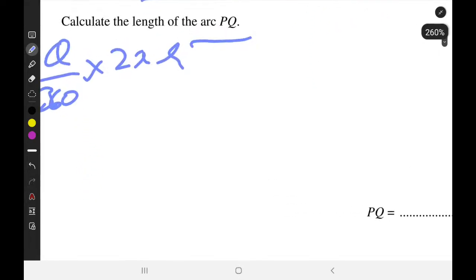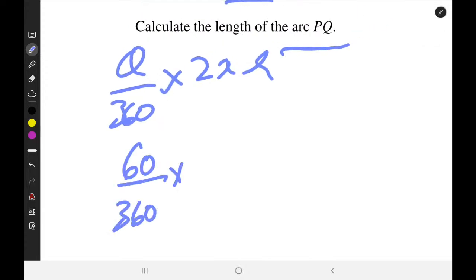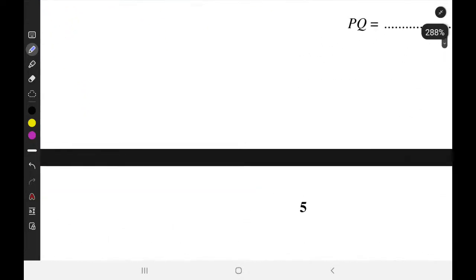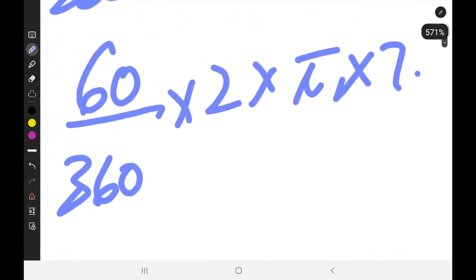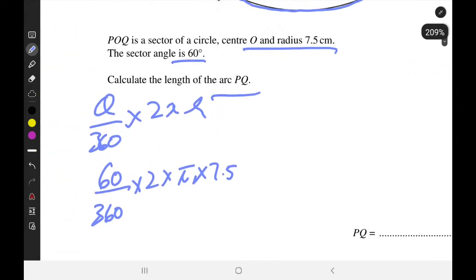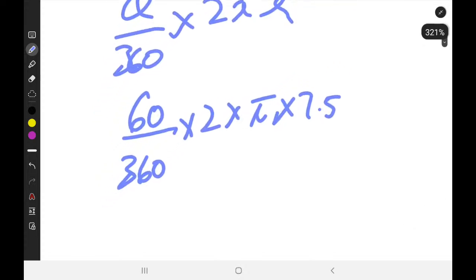We know that they have told us the radius, they have told us the angle. So 60 divided by 360 multiplied by 2 multiplied by pi multiplied by the radius. So it's 7.5 centimeter.